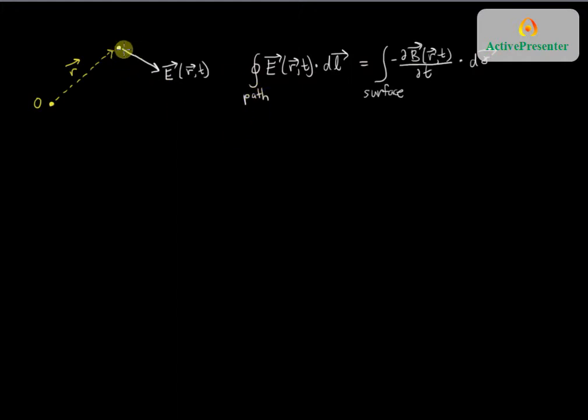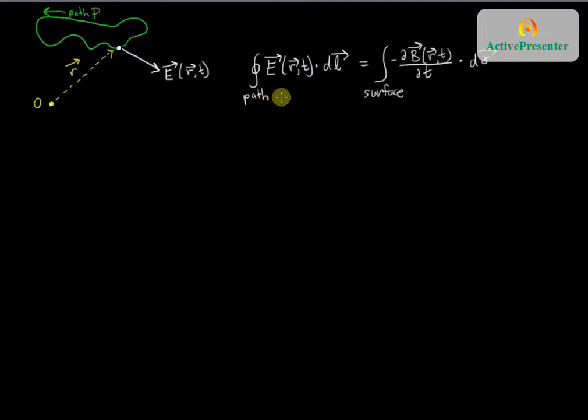So let's draw a path. So here is a possible path, some sort of object in space, some path. And we can define some path with a direction that we travel the path.